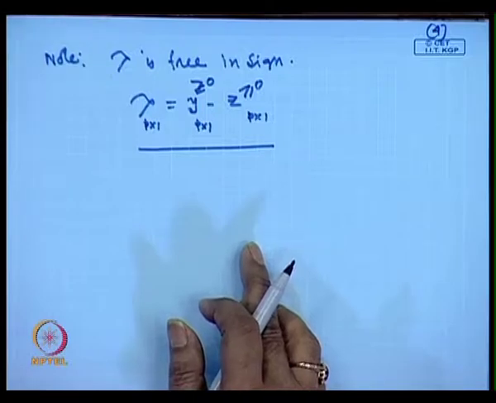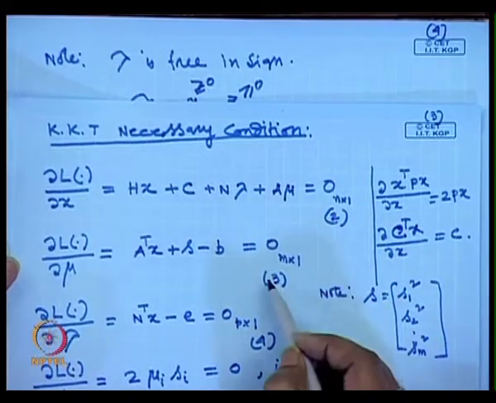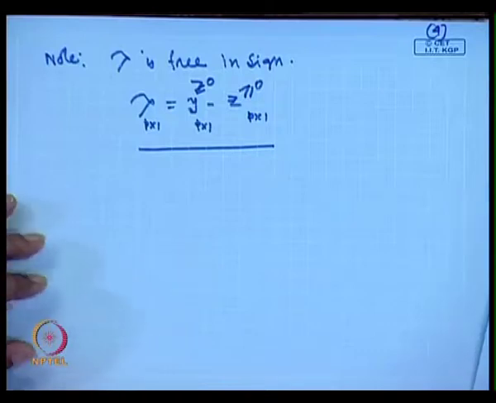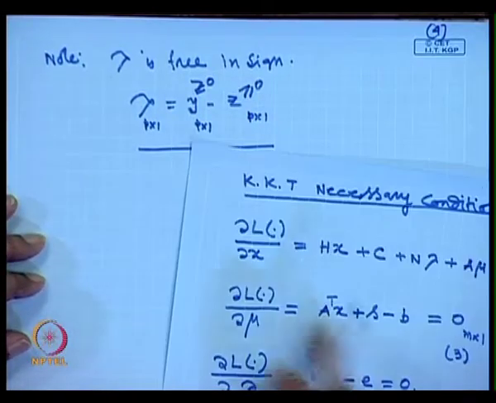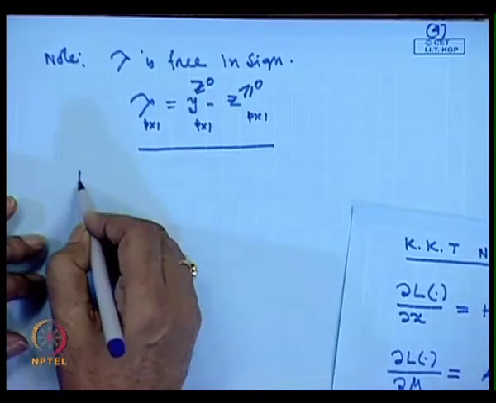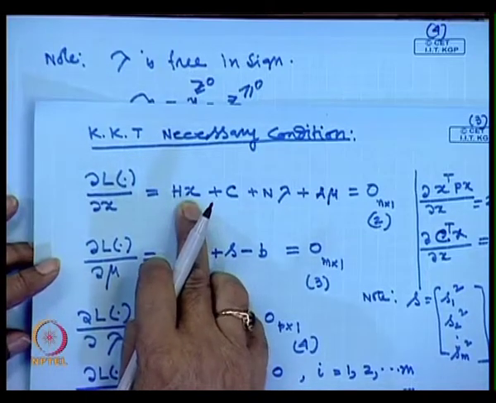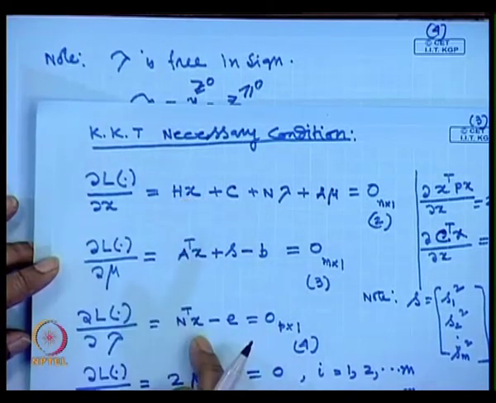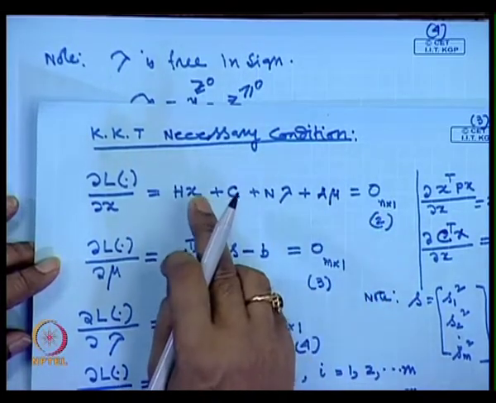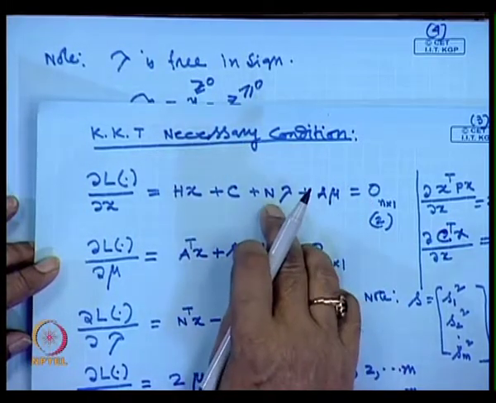If you just see, we can write this equation. Equation number 2, 3, 4. Now, see this one, equation number 2, what can we write? What are the vectors involved? x unknown, lambda is unknown, mu is unknown. I will rearrange: first x, then mu, then lambda.